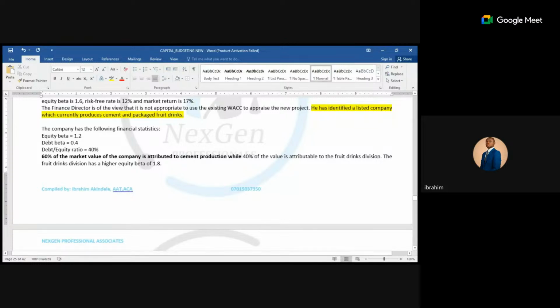Can you see where they apportion it? 60% will be for cement, while 40% will be attributable to food drinks, which has the higher equity beta of 1.8.